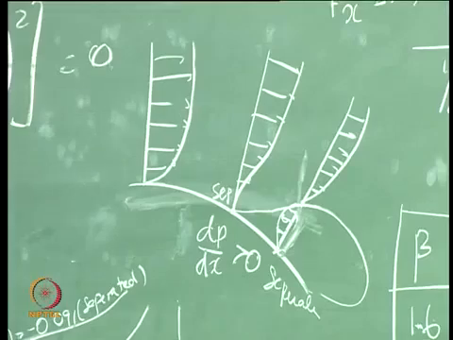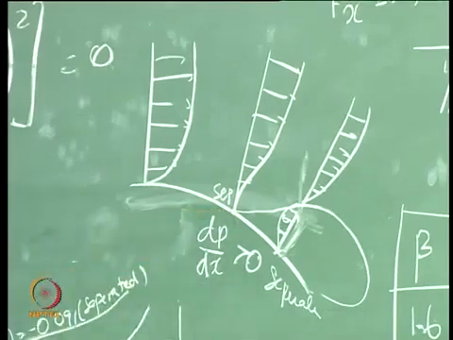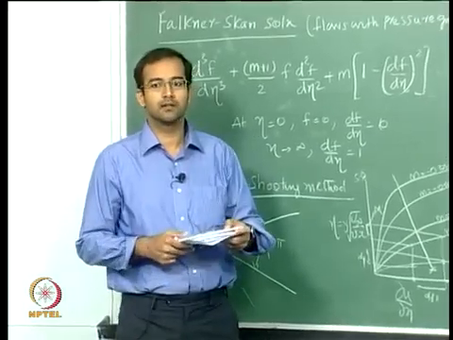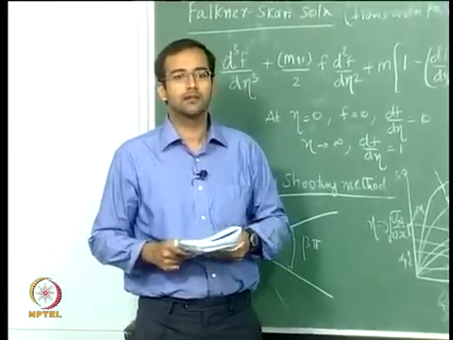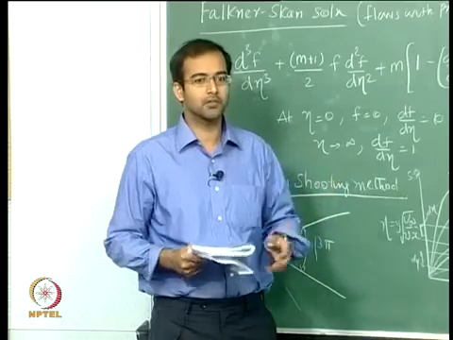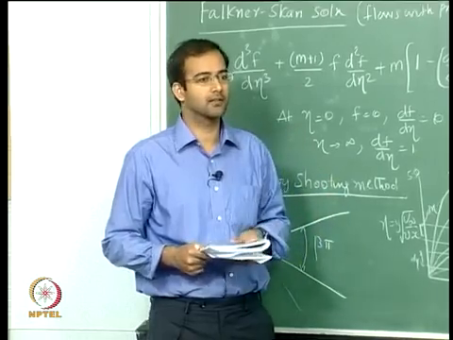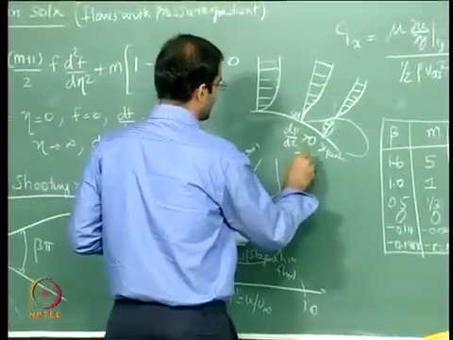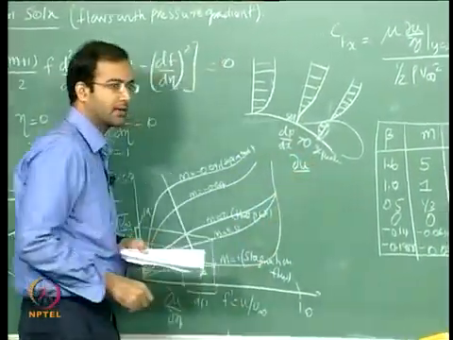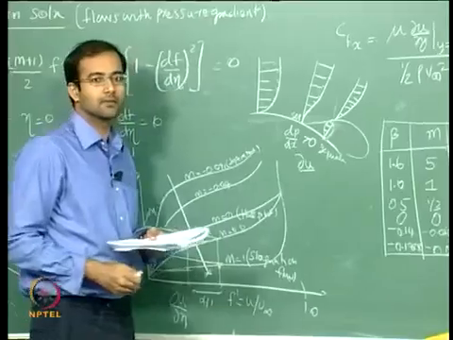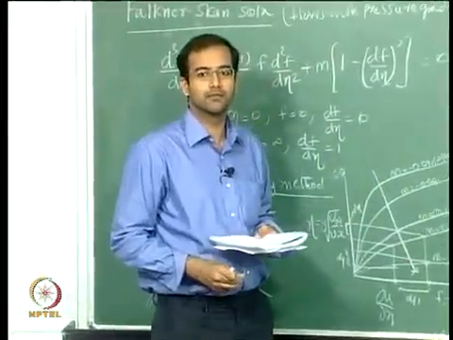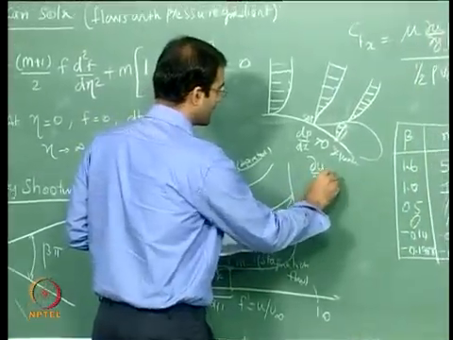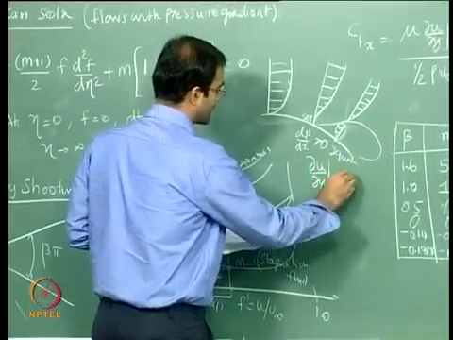So how do you check that flow has separated or it's about to separate? What is that? Not curvature. First you go to the first derivative before you go to the second derivative. Du by dy for a separation condition. What is the condition for separated flow? Du by dy at y equal to 0 equals 0.